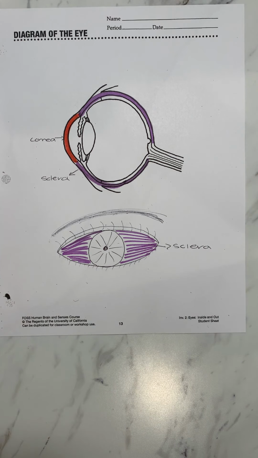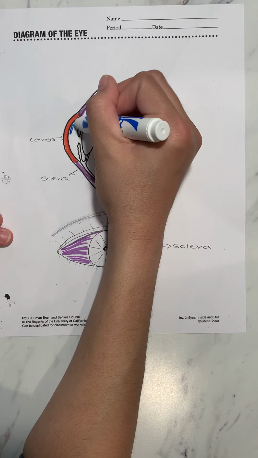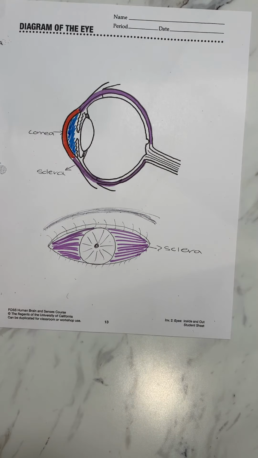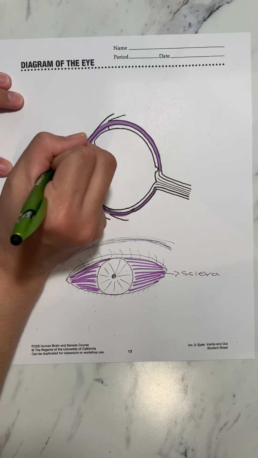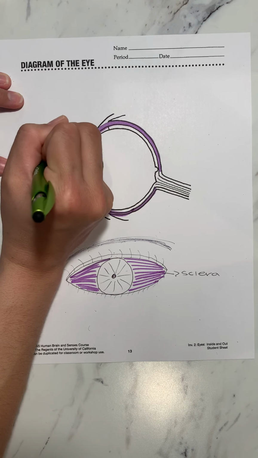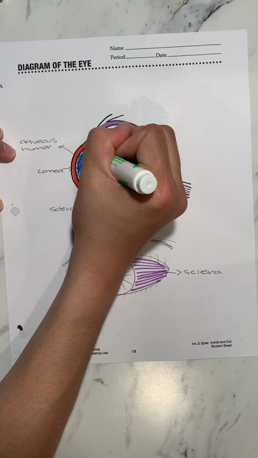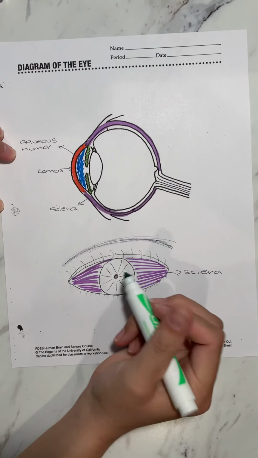All right. The next part of your eye, right in the front, this is your aqueous humor. Okay. Then we have our irises, which remember is giving you that color in your eye.